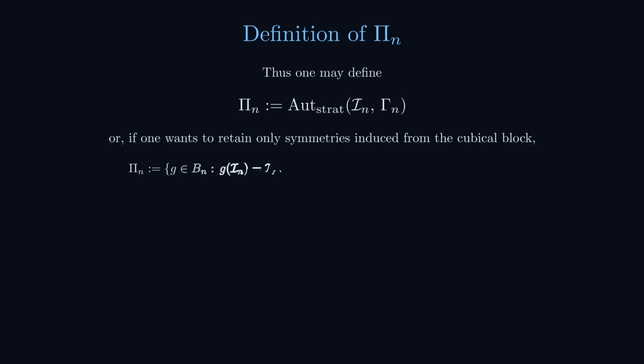So one may define pi sub n to be the automorphism group of the stratum preserving symmetries of the pair I sub n, gamma sub n. If one wants to retain only symmetries induced from the cubical block, we define pi sub n like that.